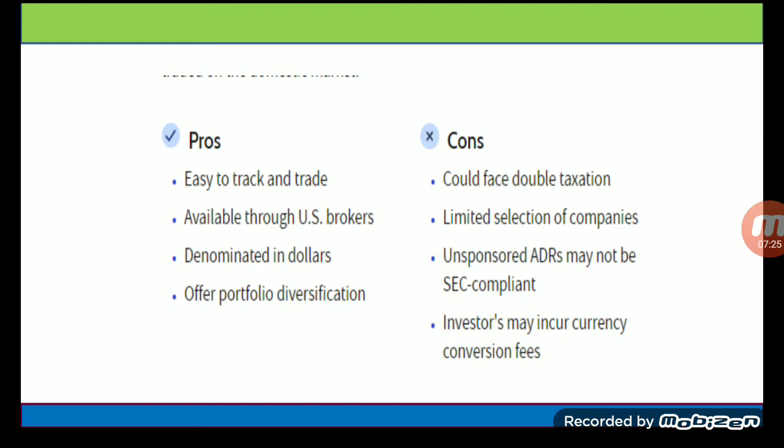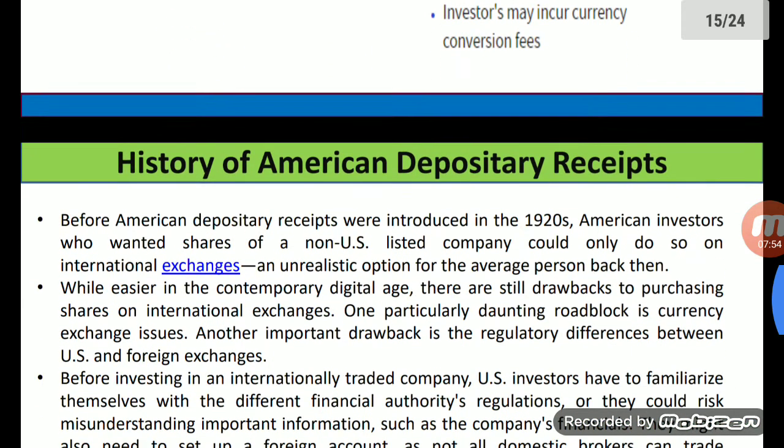In summarized form, we can say that they could face double taxation, there is a limited selection of companies, unsponsored ADR may not comply with the Securities and Exchange Commission's rules and regulations, and last, investors may incur currency conversion fees. So these are the advantages and disadvantages in summarized form.